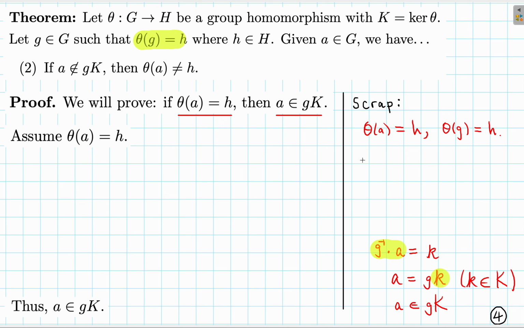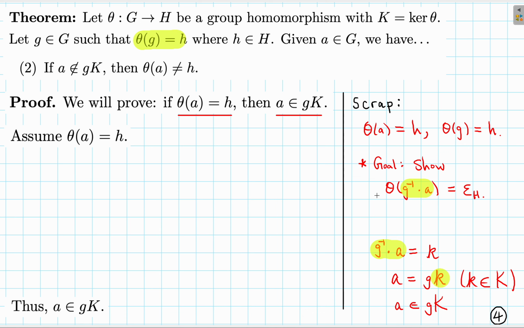So our goal is to show that theta of g inverse times A is equal to the identity element of the codomain, because that will tell us that the element g inverse A is in the kernel, which is what we want to show. Now, how do we go about that?